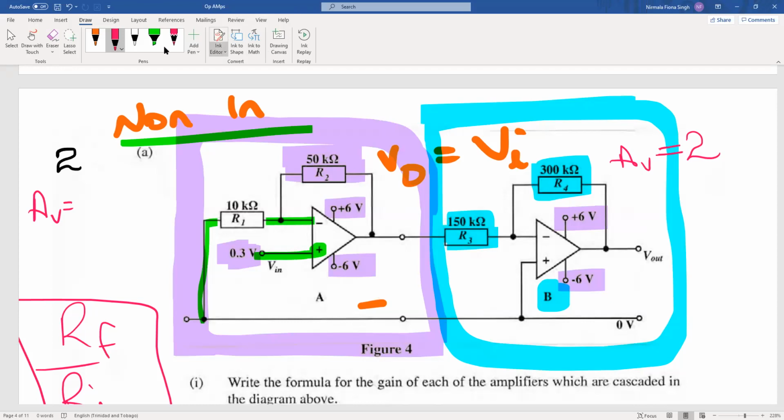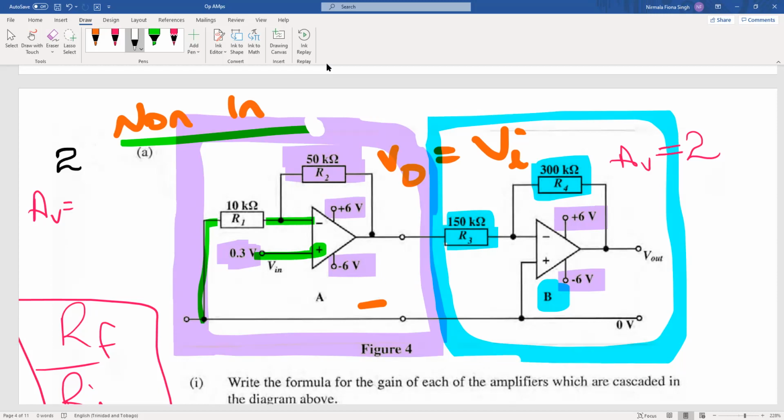Anybody else? What is the gain of a non-inverting amplifier? I will draw on the screen while I wait, and you all know I could draw forever. Anyone?